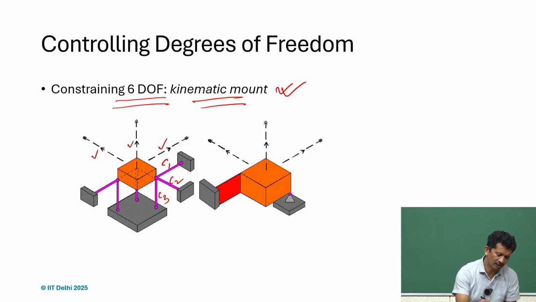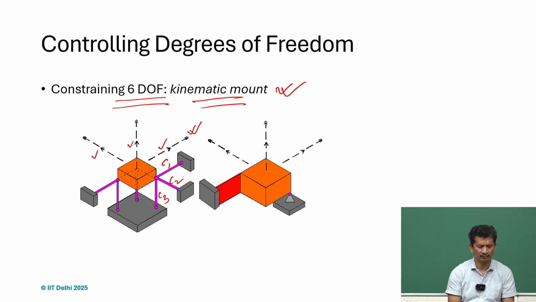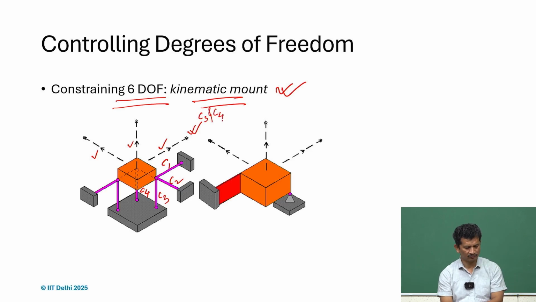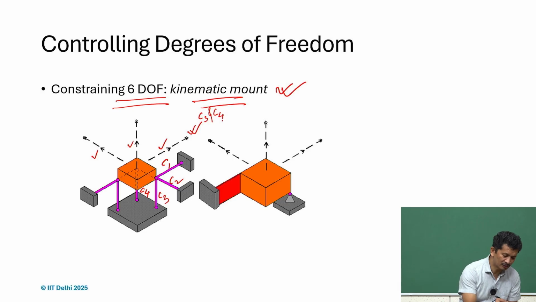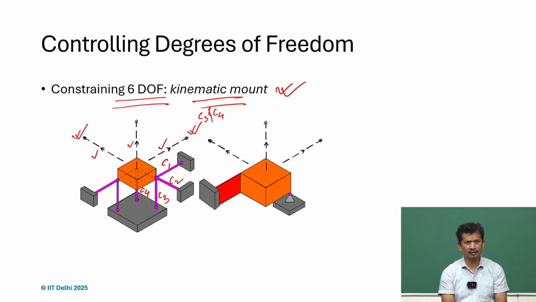So, for instance, if we are targeting this rotation, the perpendicular plane, if this is the rotation axis we want to constrain, so this plane we have to talk about, and if you want to consider that, what we see is that C3 and C4 together will constrain that rotation. Similarly, if you want to constrain this rotation, so we can name it, but anyway.